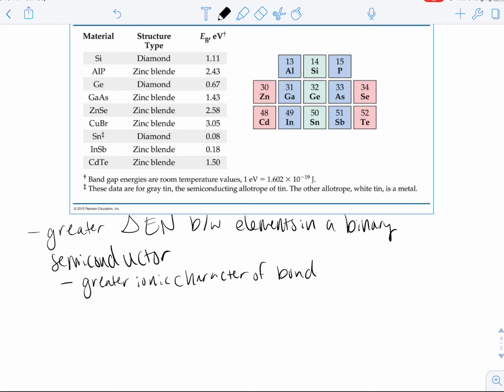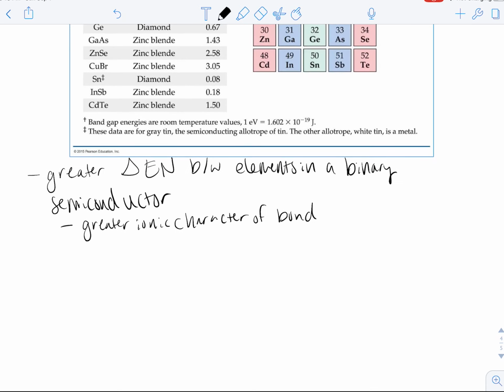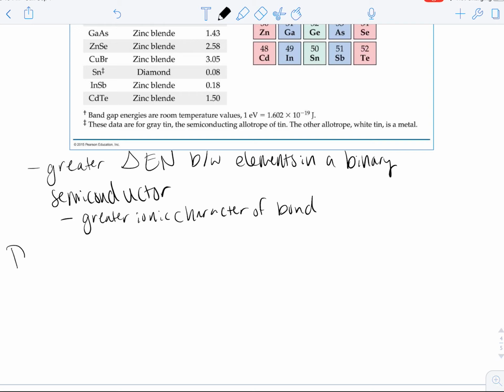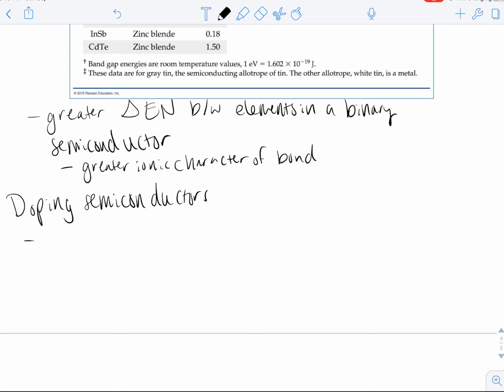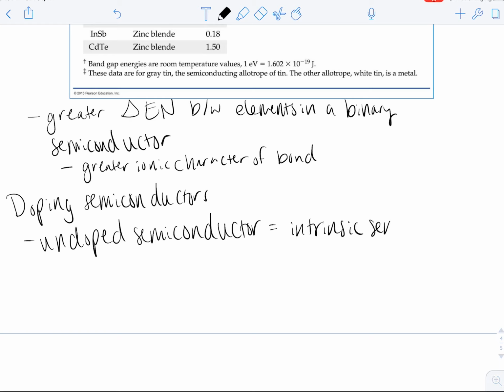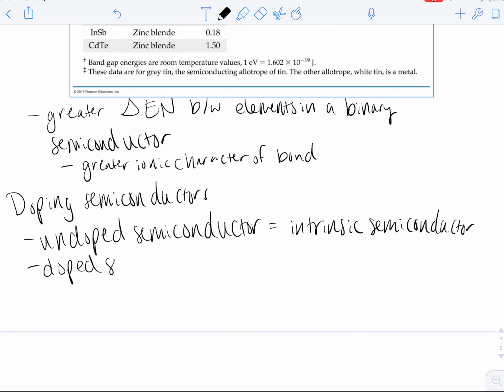Now, once we have a semiconductor, we can do stuff to it to change it. So we can dope semiconductors. An undoped semiconductor is called an intrinsic semiconductor. And if we dope it, if we add something in to change our band gap, we are going to get an extrinsic semiconductor.